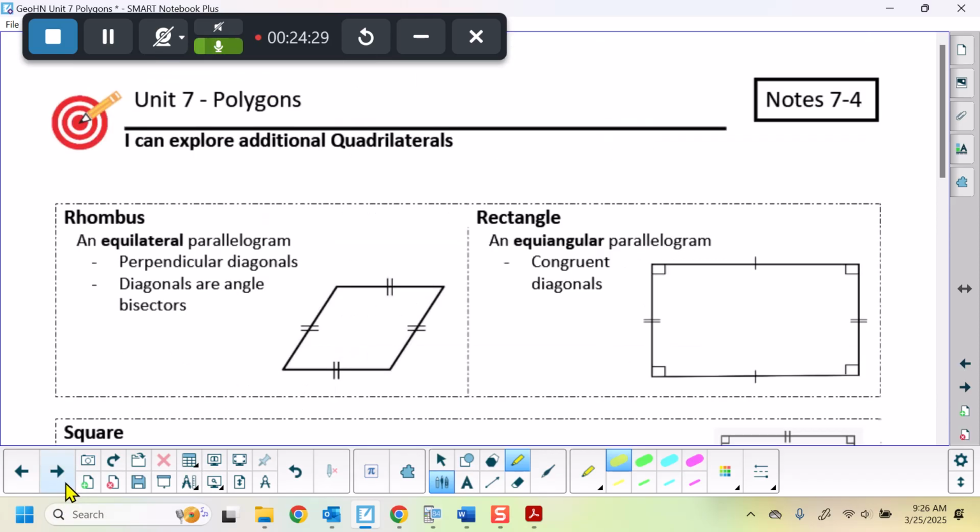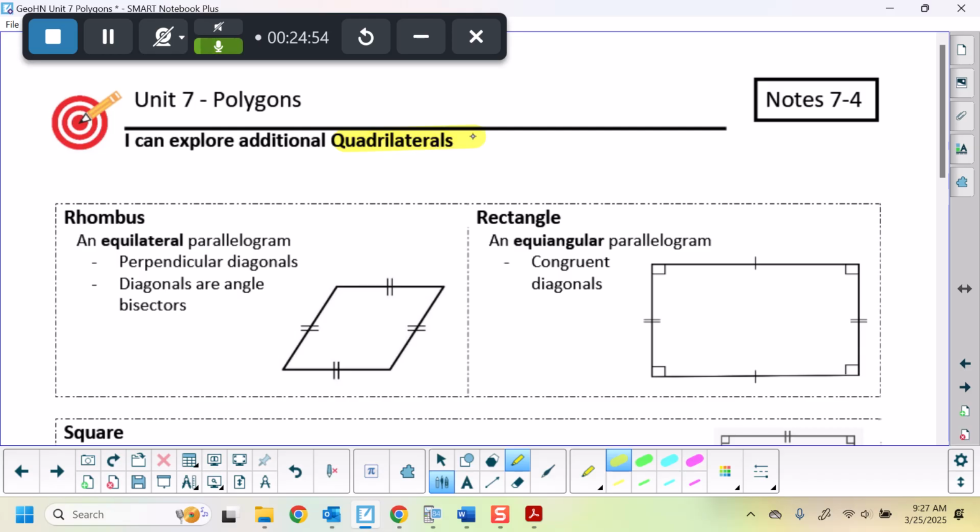Do me a favor and scoot forward in your packet to note 7.4. So hopefully a lot of this is a review for you, but we need to go ahead and tease out some interesting things about quadrilaterals that maybe you haven't thought to consider yet. We're going to talk about rhombuses and rectangles at the same time. They are all quadrilaterals.